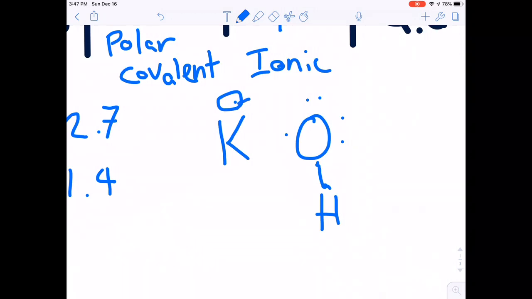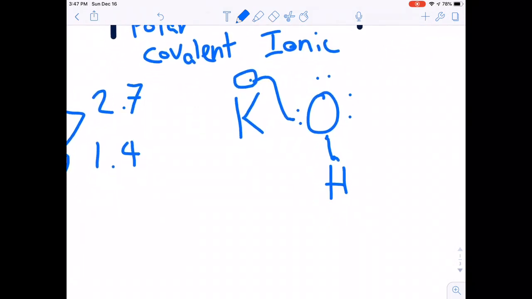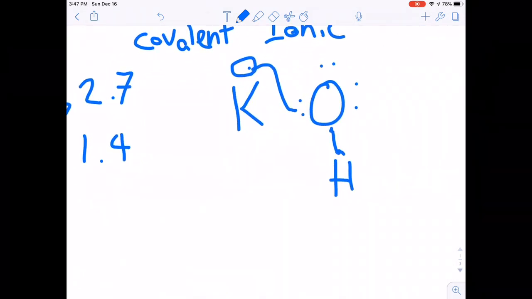So now we need one more. So potassium is actually going to give oxygen its electron because oxygen has such a high electronegativity. That way, oxygen and potassium are both happy because now they have a full valence shell.